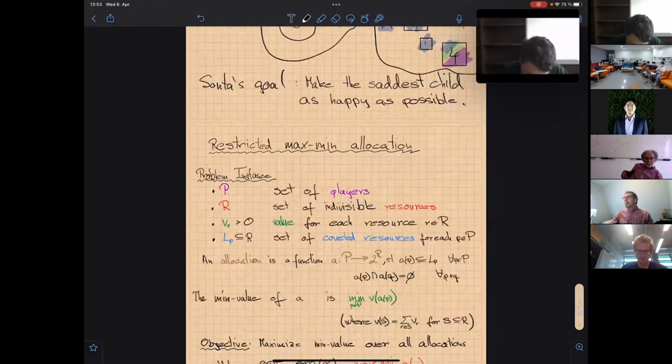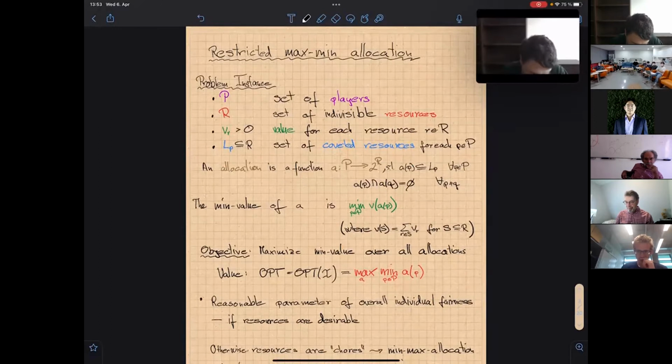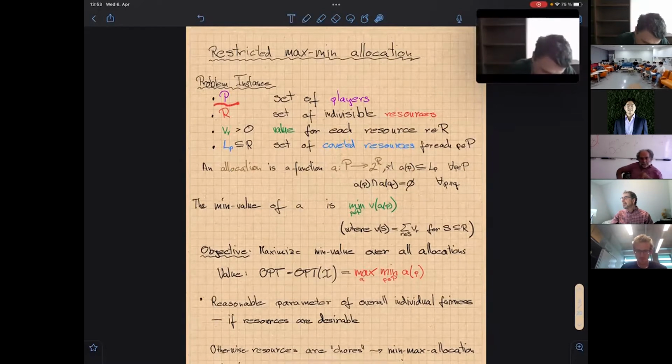So let me say this formally. In general, we will have in a problem instance a set of players. These are the kids. We will have a set of resources. These are indivisible resources.